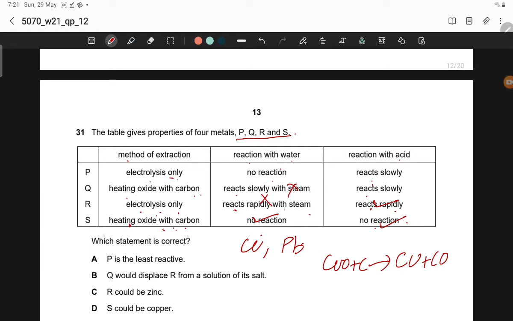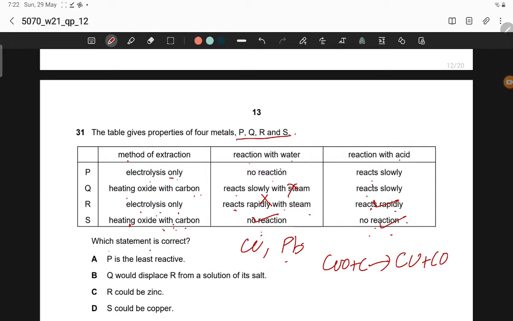Not all metal oxides react with heating with carbon. Copper and lead both do not show any reaction with water and not with acid. So S is correct. Which statement is correct?